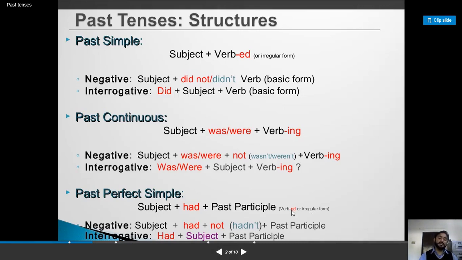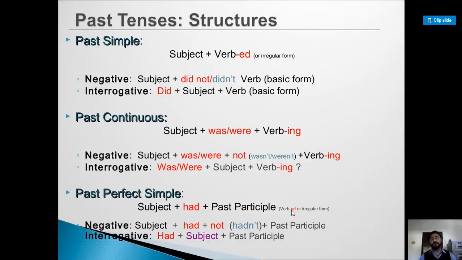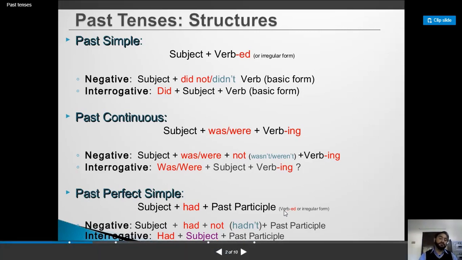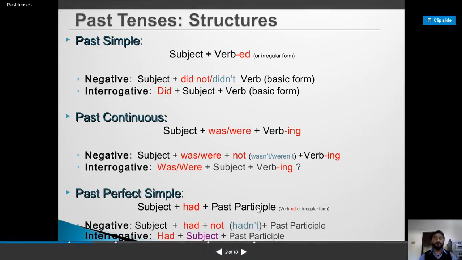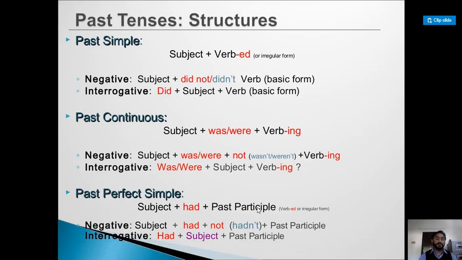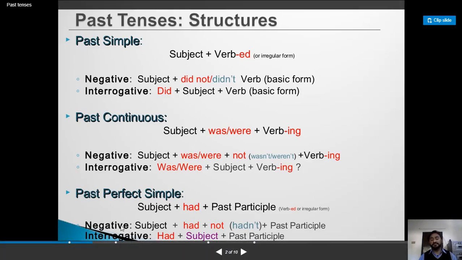And you can also use the object and extension of predicate, as we discussed in the previous lectures. There might be an object or the extension of predicate if the verb is a transitive verb. As for the negatives are concerned, here you can see subject, then had, and then not.